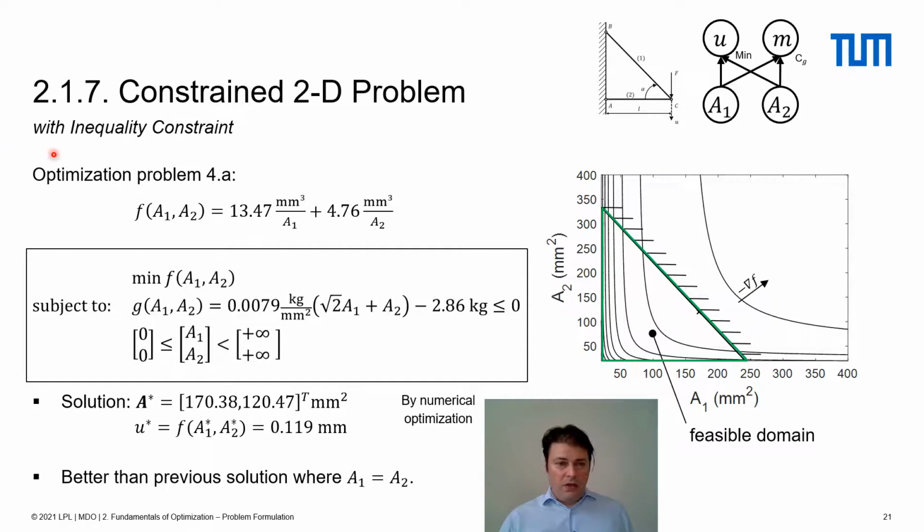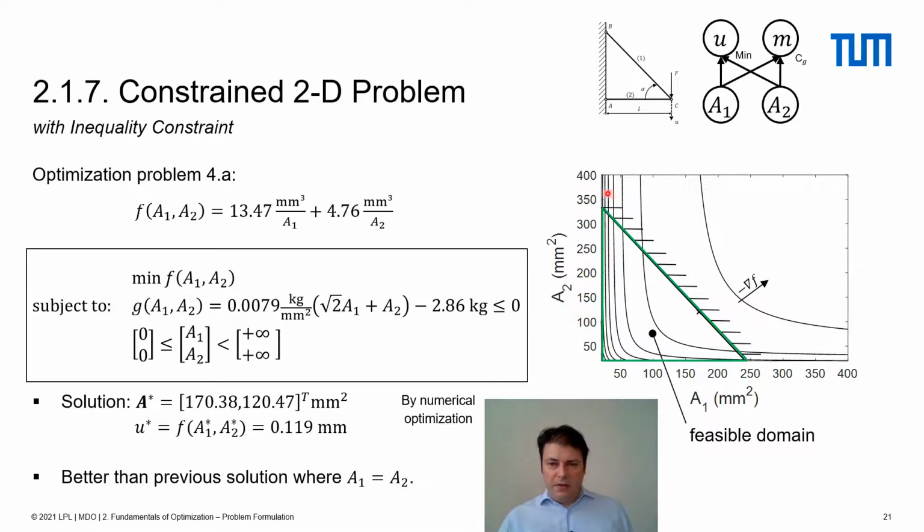The treatment of the first problem with an inequality constraint looks like this. The mathematical expression would read minimize f of A1 and A2 and now subject to our inequality constraint explicitly depending on two design variables.